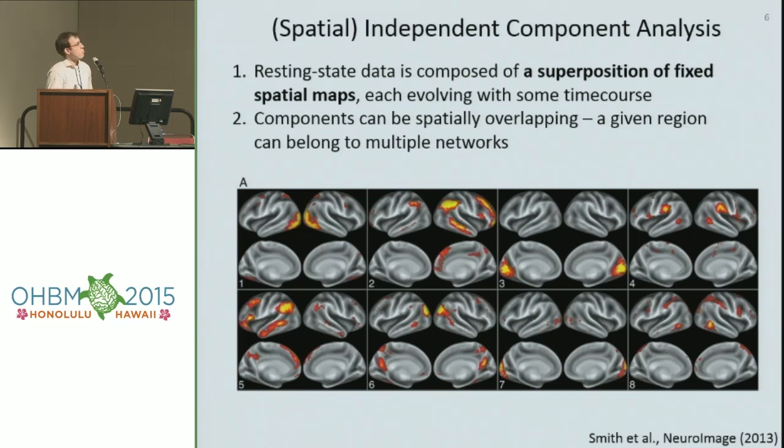So this means that if you took all the components shown below and had a time series over which they evolve, and you summed up the voxel-wise time series from each one of these components evolving over its time series, you would represent a large amount of the variance in the original data set. So this gets us closer to subdividing the brain into parcels, but it's not all the way there yet because these components can be spatially overlapping, and a given region can belong to multiple networks.